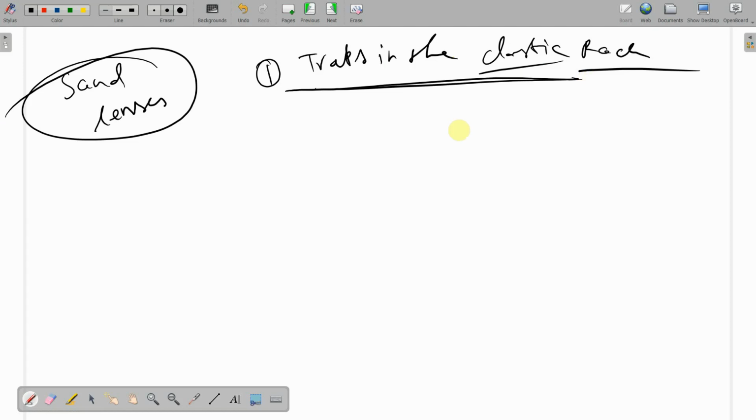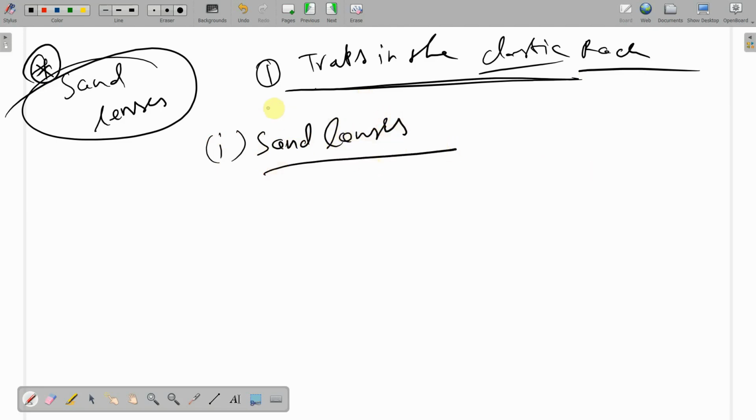Okay, so in case of clastic sedimentary rock there is a very common term, most of the cases, other than anticline and all, that is the sand lenses. Very important. Okay, so sand in clay or the sand lenses, I'm writing it like this.